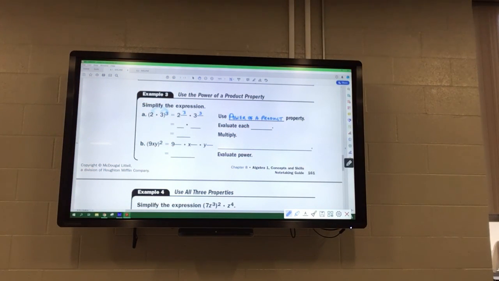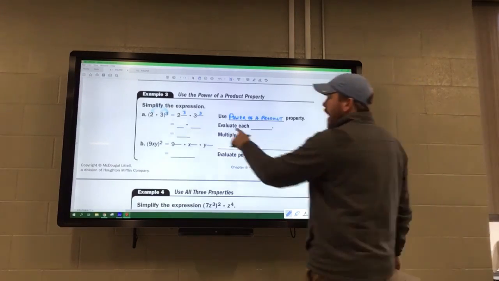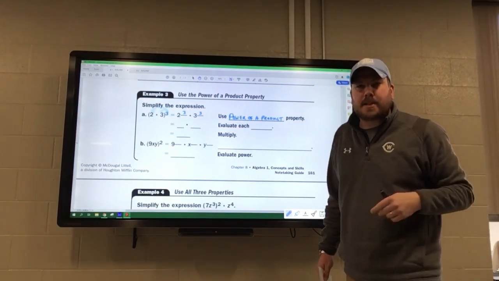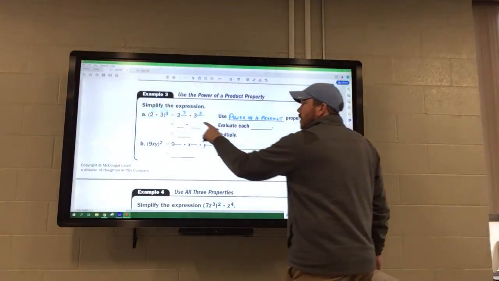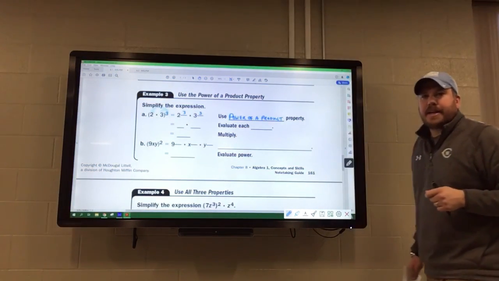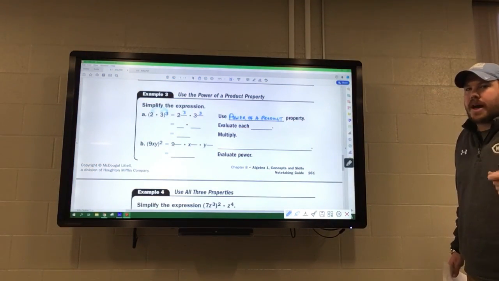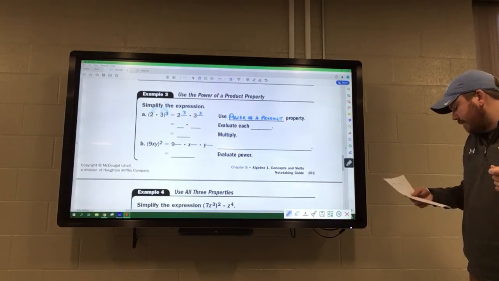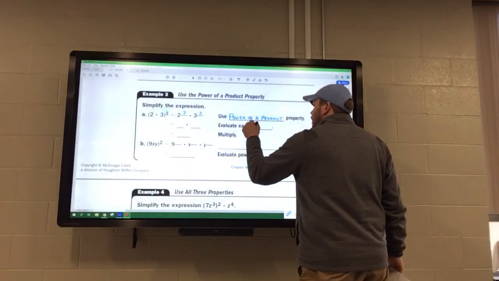Now, here's the thing. You may be thinking to yourself, all right, now we're multiplying a power times a power so we can keep the base and add the exponents. But the problem here, we don't have the same base. Since we don't have the same base, we are not allowed to use the product of powers property. So all we can do here is evaluate each power.